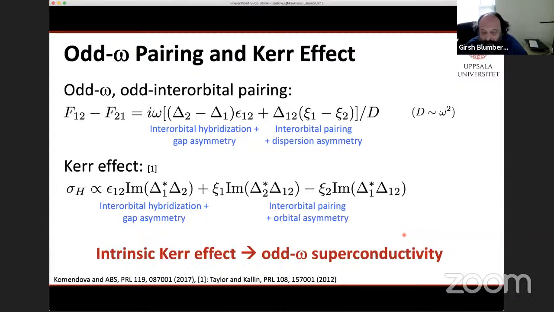Now, if the claim by Taylor and Kallin and related papers is correct, and you basically reproduce that the interband scattering is the one that breaks the Galilean invariance, right? That's what you need here. Then did you or did anyone look at how the magnitude of the Kerr effect would depend on the frequency, whether you would expect enhancement at the frequency of that interband scattering?